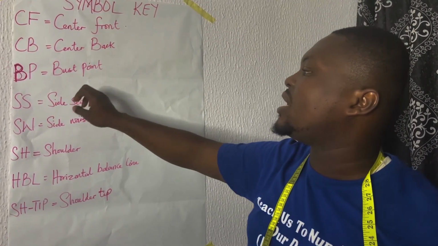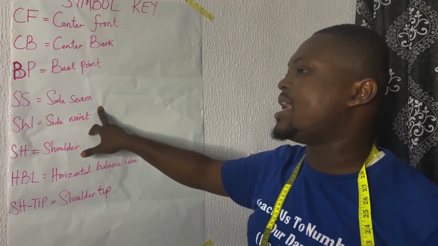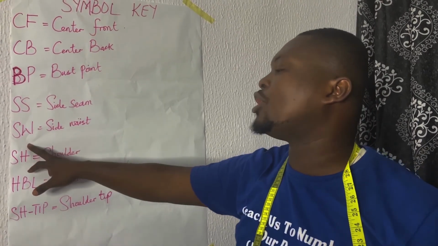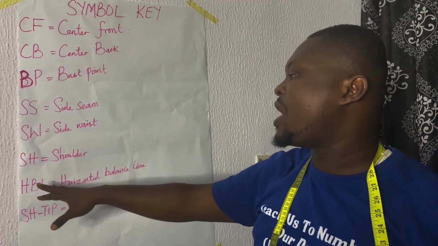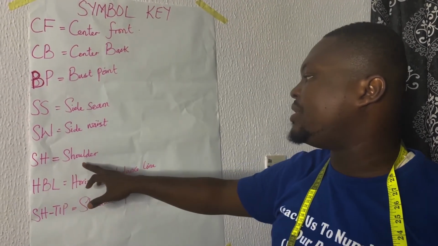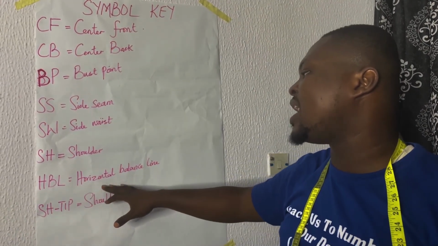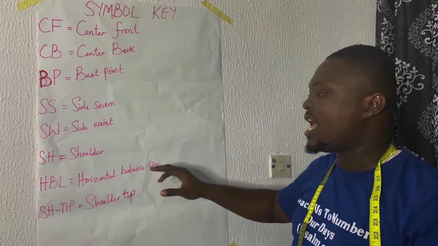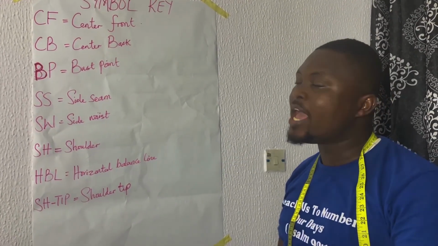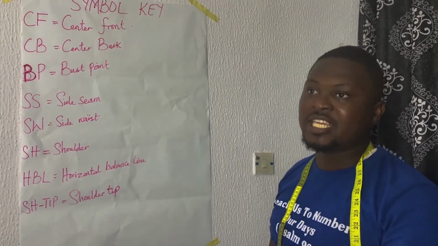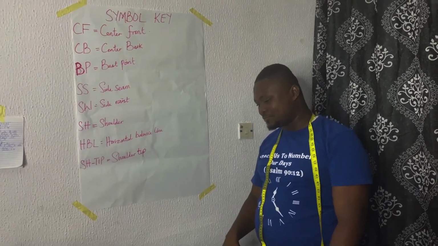SS means side seam. SW means side waist. SH means shoulder. HBL means horizontal balance line. SH tip means shoulder tip. These are the things we're going to be seeing as we begin to draft our pattern. Now, let's get to it.